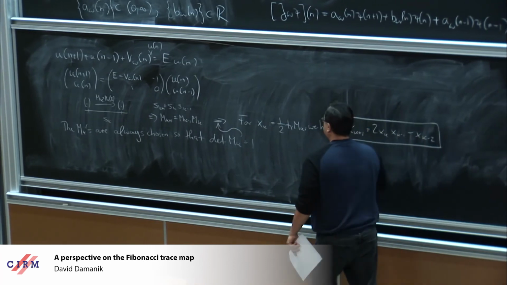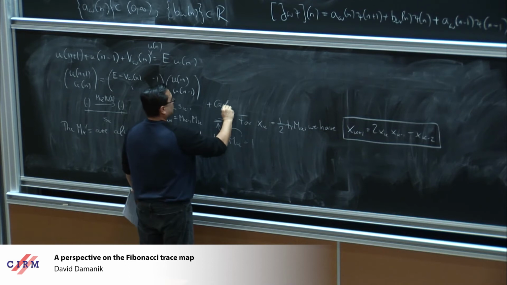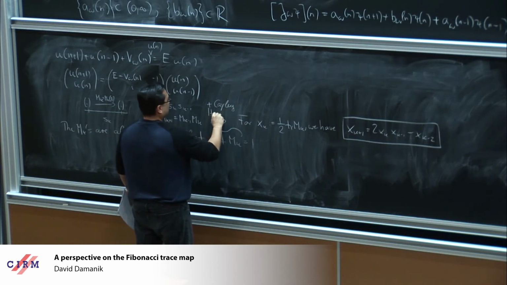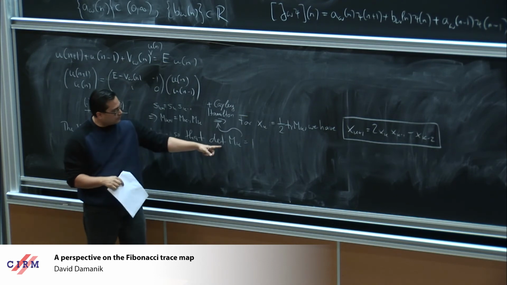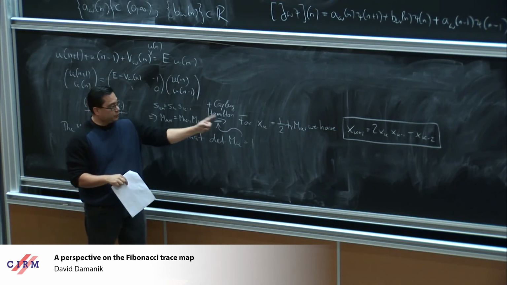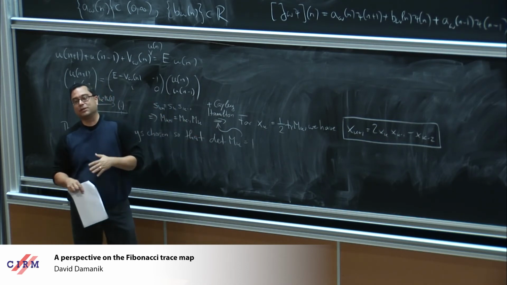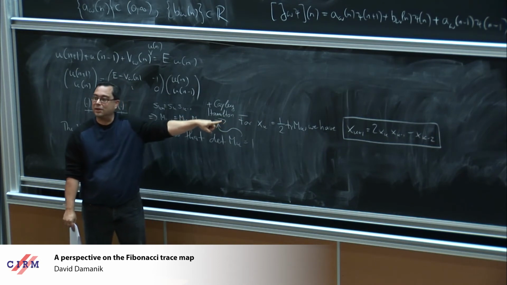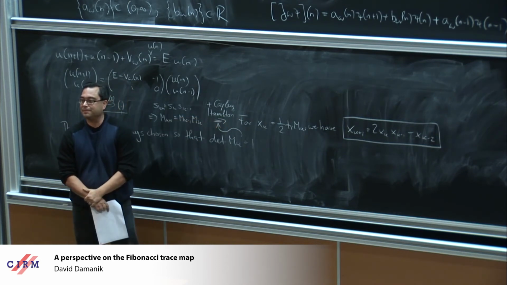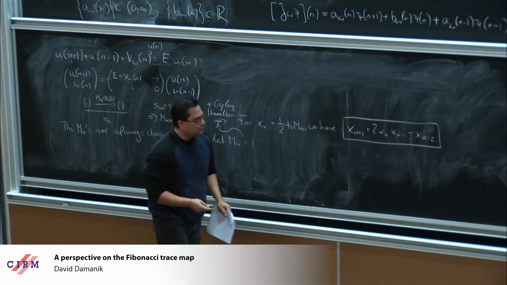Plus Cayley-Hamilton. Okay, so if you use that the determinant is 1, and you use the Cayley-Hamilton theorem, that if you plug the matrix into its characteristic polynomial, you get 0, in 4 lines you can deduce that identity for the half traces. Okay? And that in some sense is the Fibonacci trace map.